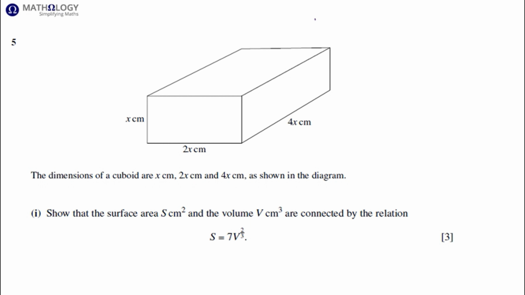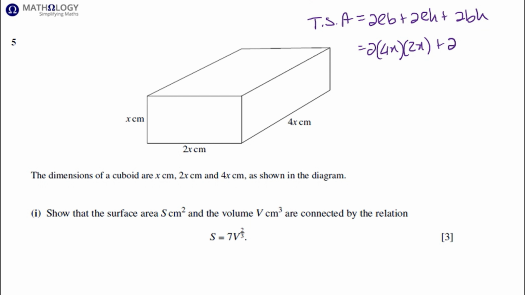Okay, so the total surface area is twice the length times the breadth plus twice the length times the height plus twice the breadth times the height. So it's 2 times the length, which is 4x, times the breadth, which is 2x, plus 2 times the length, which is 4x, times the height, which is x, plus twice the breadth, which is 2x, times the height, which is x.